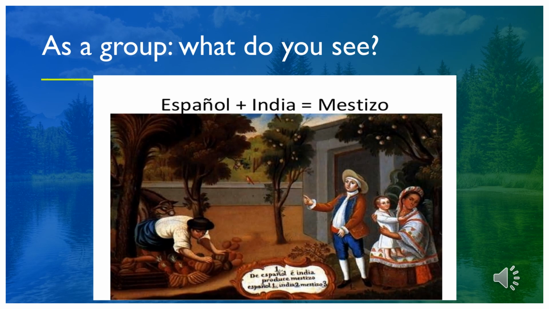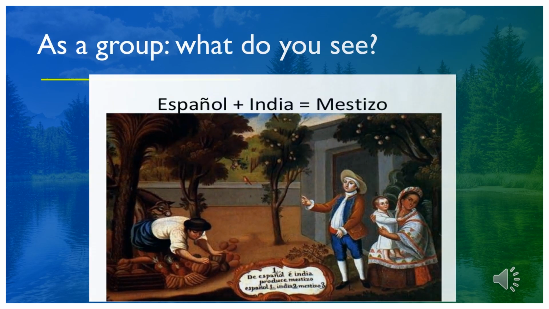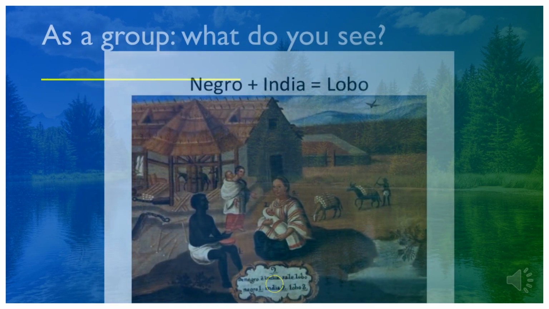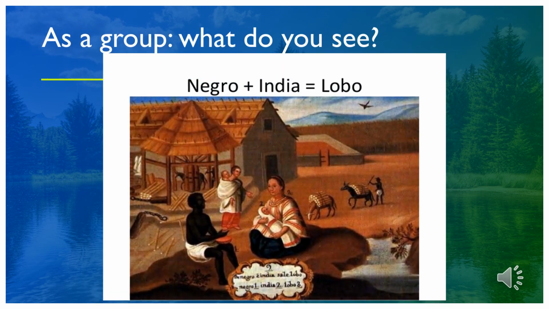Here we see the Spaniard and indigenous, or Español in India, which creates a mestizo, and you can see the imagery of the picture. Feel free to pause and take some of the imagery in. For the Negro in India, or African descendant and indigenous woman, their child comes out as what's called a lobo.